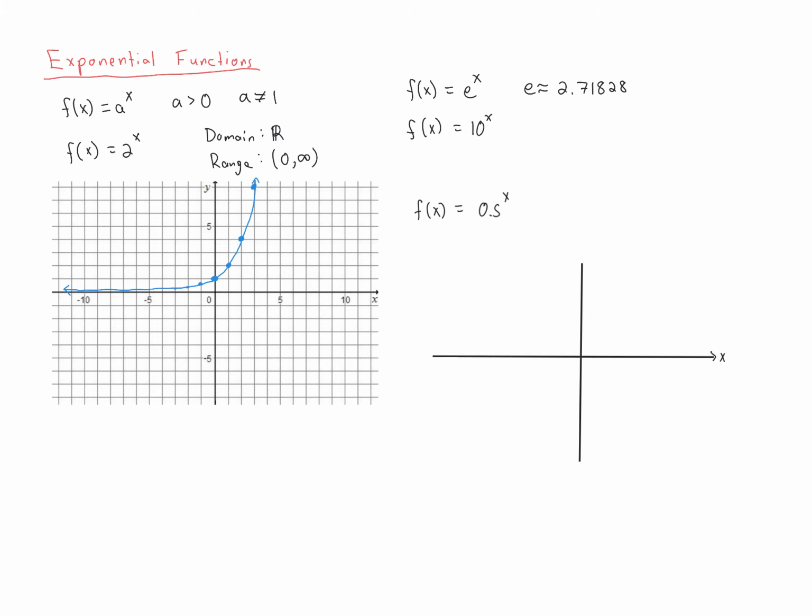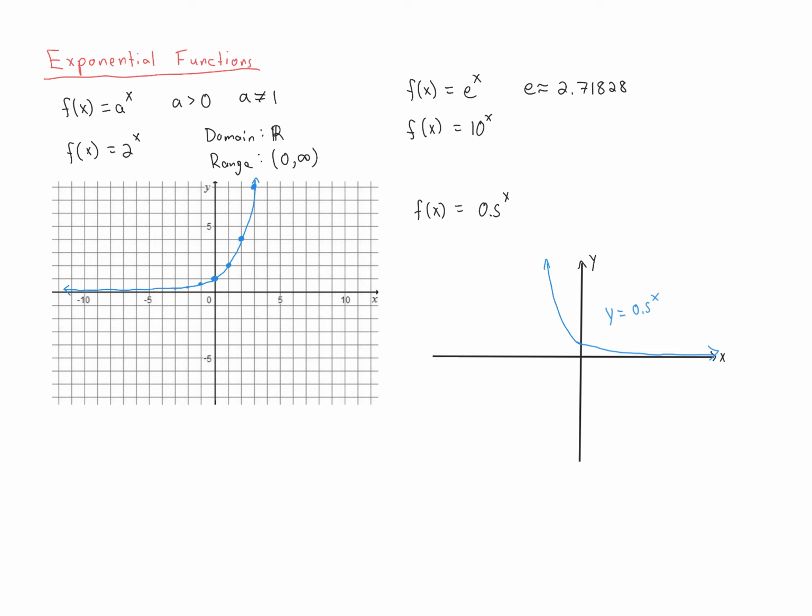I am not going to take the time to draw the most accurate fancy graph here, but what we end up getting in a situation like this is a graph that goes up exponentially to the left and then approaches the x-axis asymptotically to the right. So this is a very, very rough sketch of 0.5 to the x power.